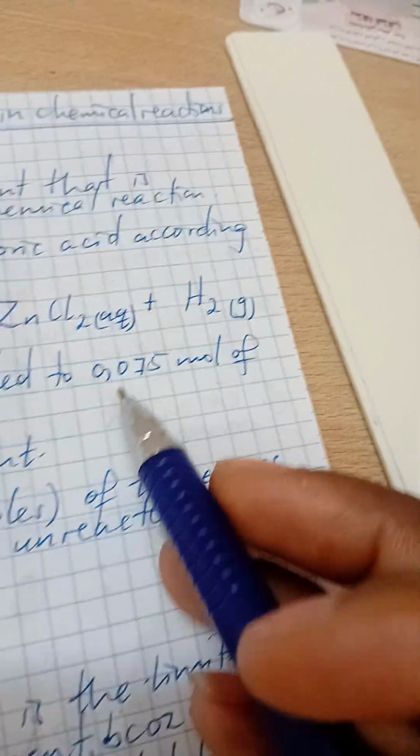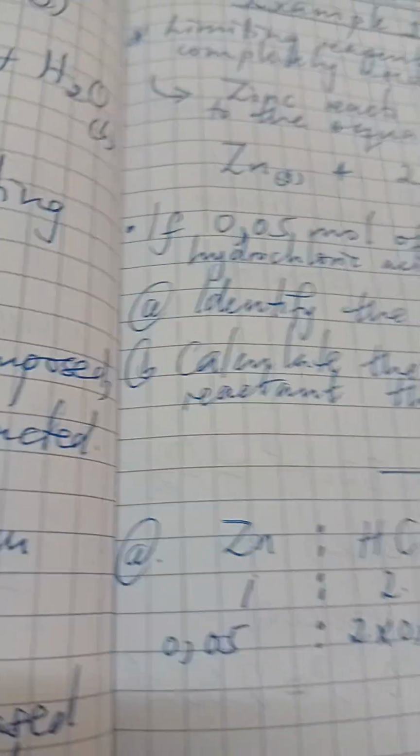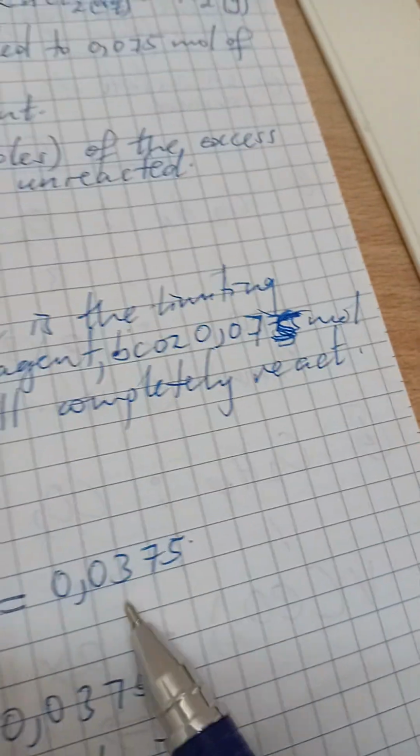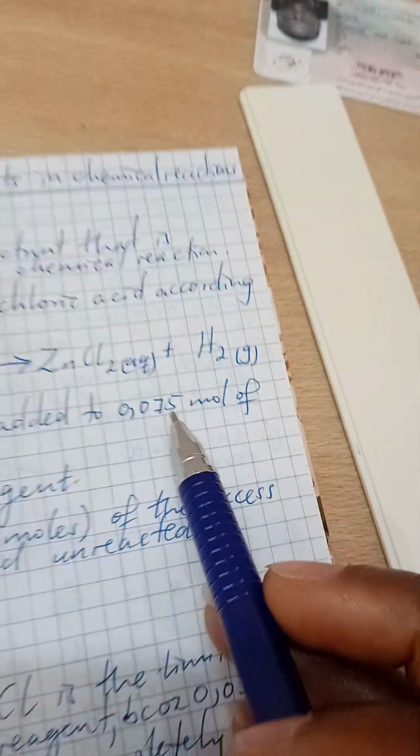So we have to divide it by 2 to find the number of moles of zinc which will take part in the reaction. So we divide here, then we get about 0.0375. So those are the number of moles of zinc that will react completely with 0.075 mol of hydrochloric acid.